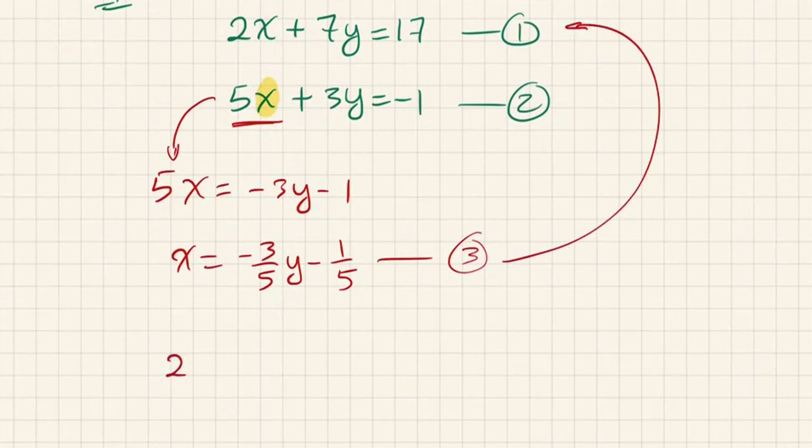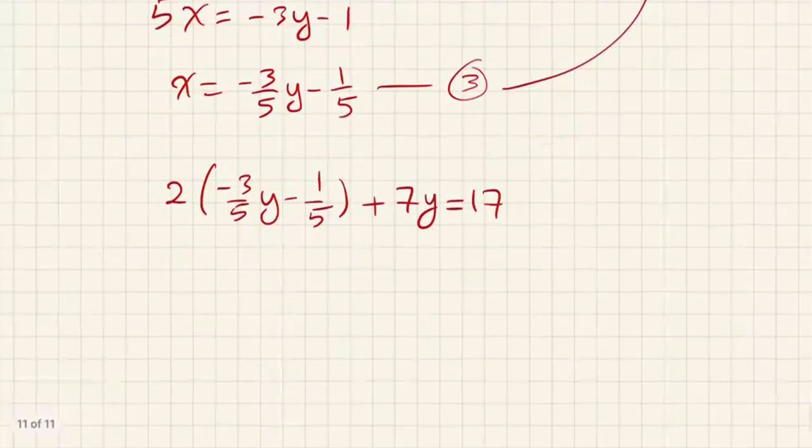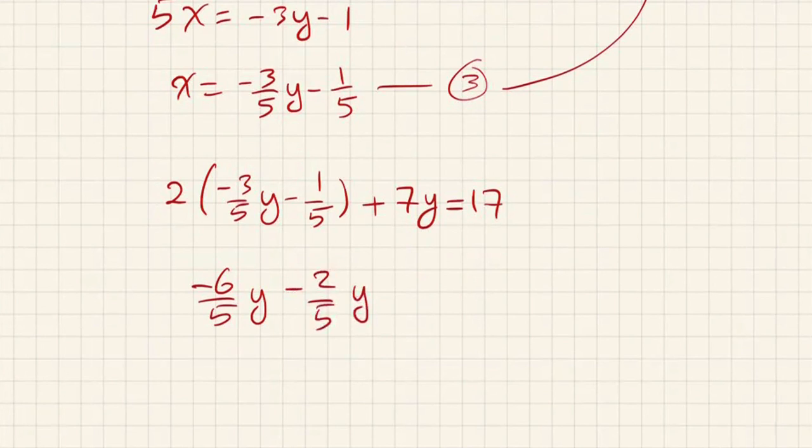I remove the x and put negative 3 over 5 y minus 1 over 5, plus 7y equals 17. So 2 times negative 3 is negative 6 over 5 y. 2 times negative 1 over 5 is negative 2 over 5. Sorry, negative 2 over 5, plus 7y equals 17.